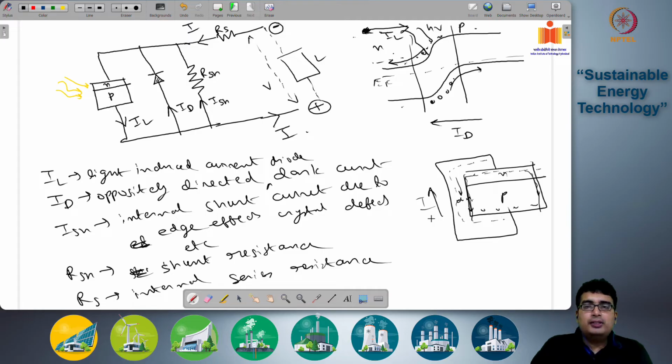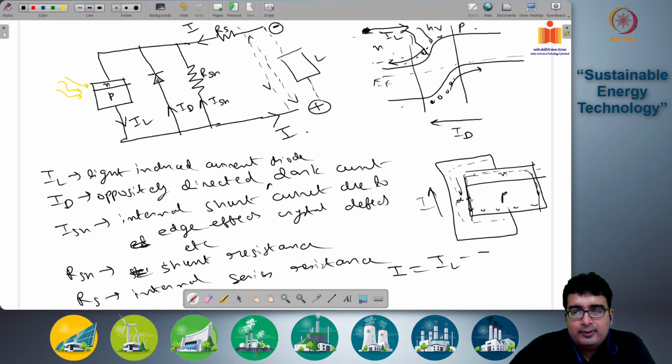So then what you get is finally the total current I. This side is the external circuit. The total current I in the external circuit is light current minus dark current minus the shunt current.